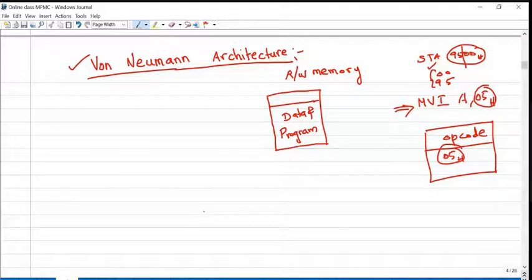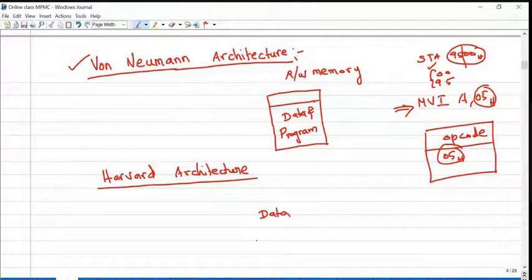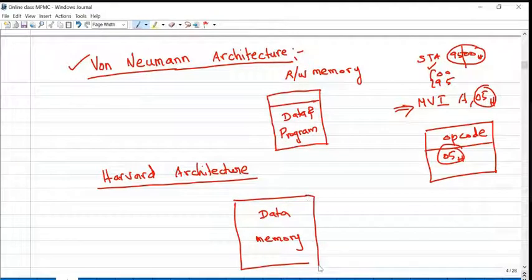There is one more architecture available, Harvard architecture. Here the data memory is separate, a dedicated memory allotted for storing the data, and the program memory is different.